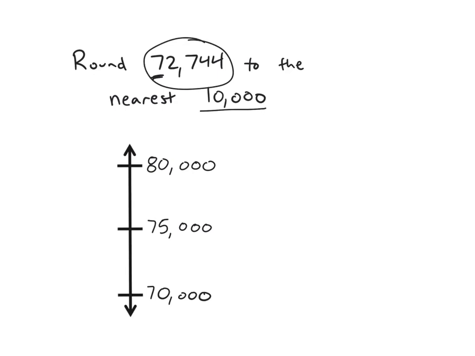So 72,000 is going to be lower than 75,000. It'll fall right about here on the number line. And since it's lower than this midpoint right here, I know I'm going to be rounding down, which means I'm going to round to 70,000. So rounding 72,744 to the nearest 10,000 is 70,000.